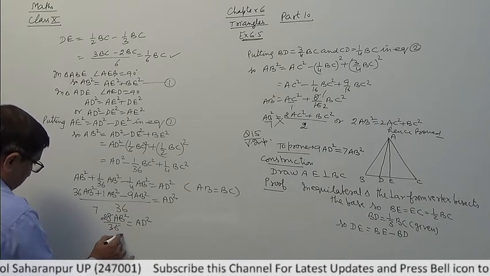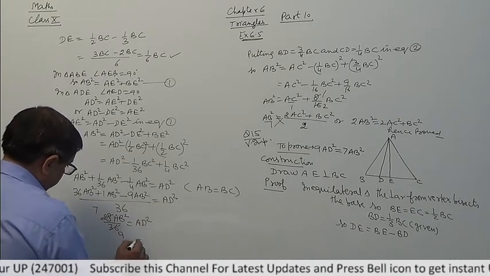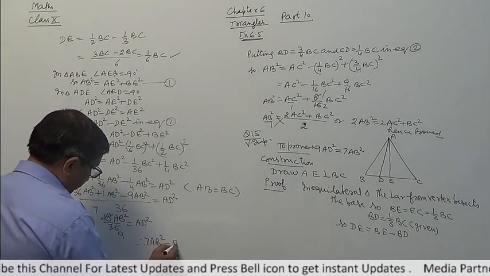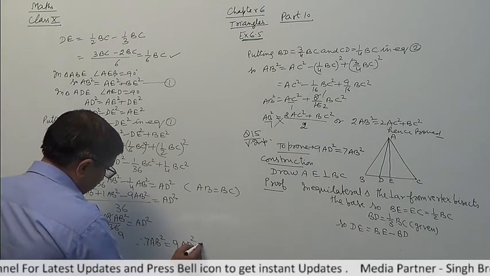Therefore 7 AB square is equal to 9 AD square.